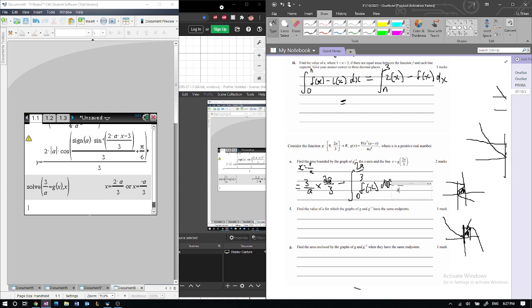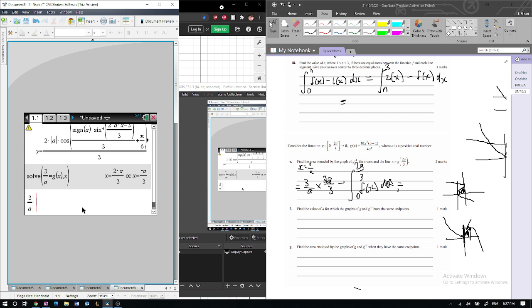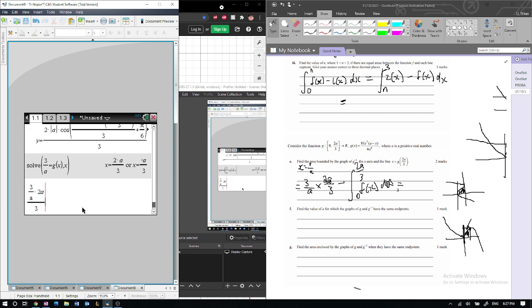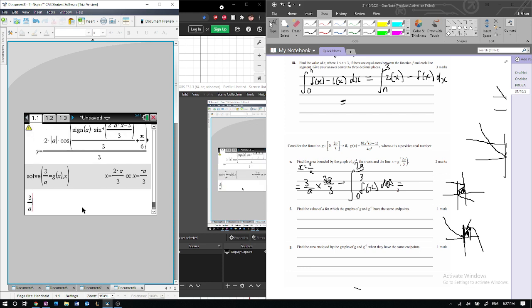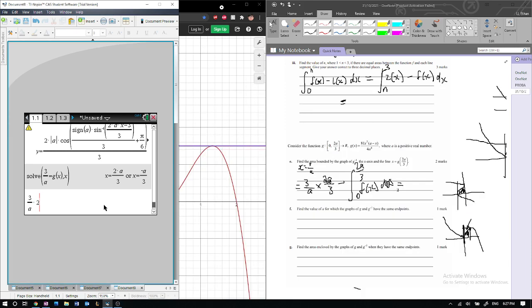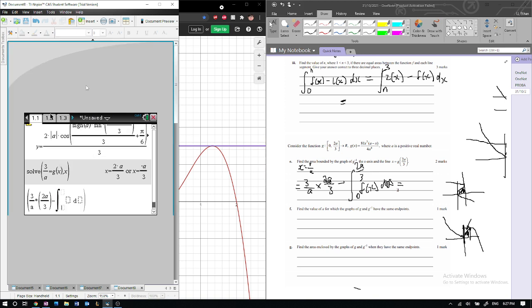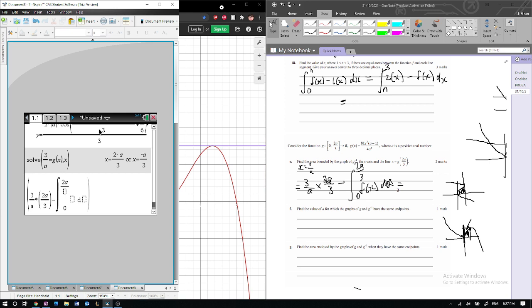Let's just check. 3 on a times 2a on 3, minus... oh, it was g of x.